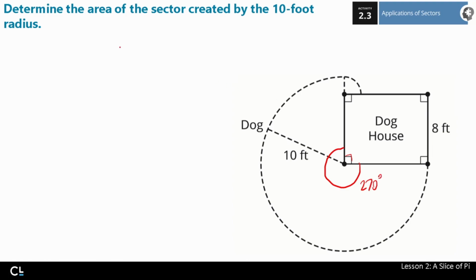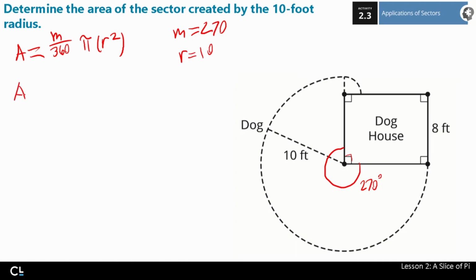That's a big angle. So remember, our area for a sector is M over 360 times pi r squared. We know M is 270. We know r is 10. So let's plug it in. Let's get this job done.